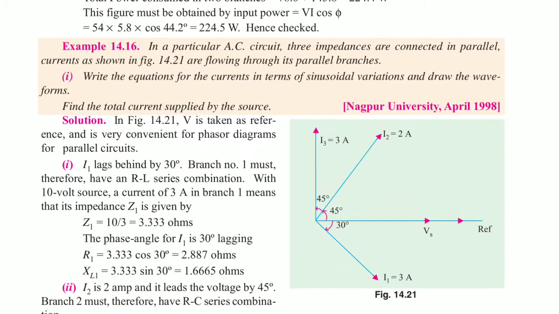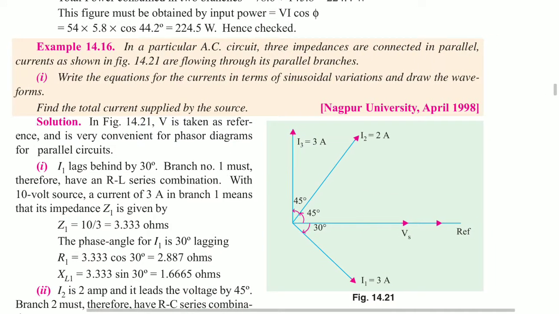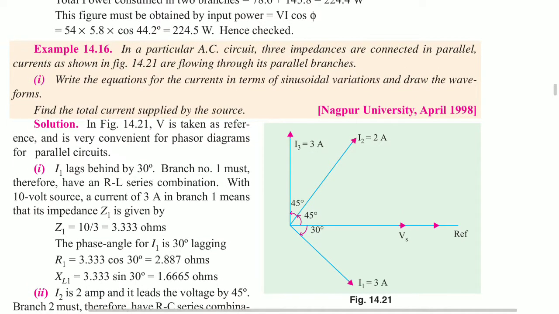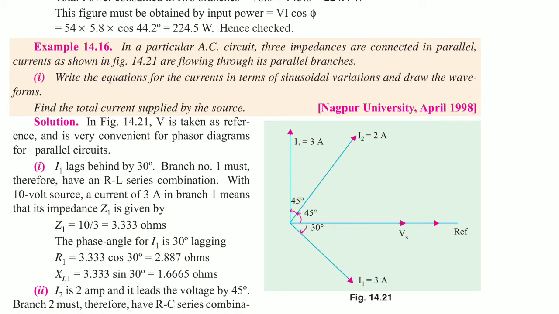Looking at this figure, this phasor diagram, the first task is to write the equations for the currents in terms of sinusoidal variations. That means they are asking for the instantaneous equations, and they want us to draw the waveforms also.